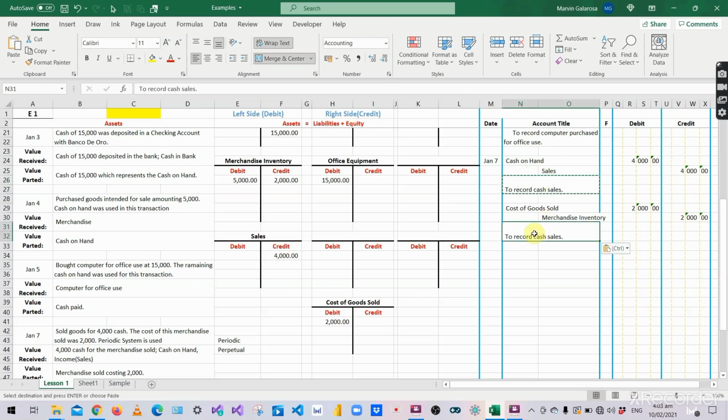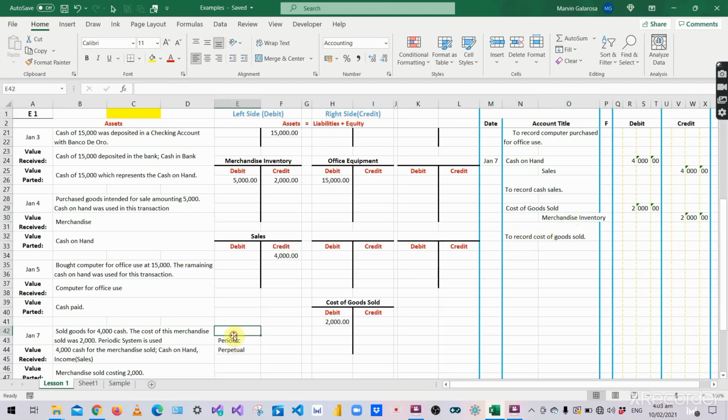Lagyan natin ng description to record cost of goods sold. So, ito yung entry natin for perpetual system. Dalawa siya. Debit cash on hand, credit sales, saka debit cost of goods sold, credit merchandise inventory.